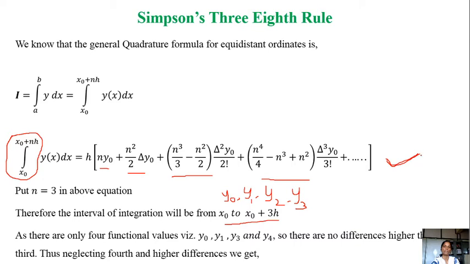In fact, we have written this formula up to differences of order 3, so it is not necessary to neglect any term. Just write the formula up to the third order forward difference and simultaneously put n equal to 3. So if you put n equal to 3 here, this becomes 3y naught, then 3 square by 2 is 9 by 2, delta y naught, etc. In each bracket put n equal to 3.